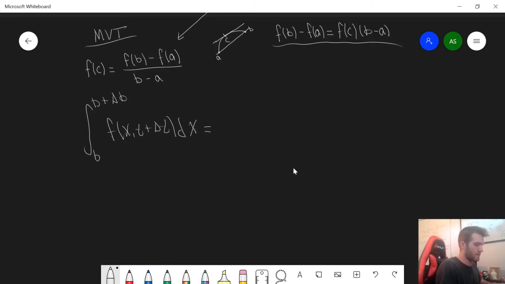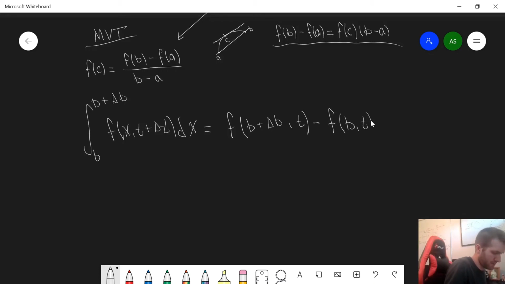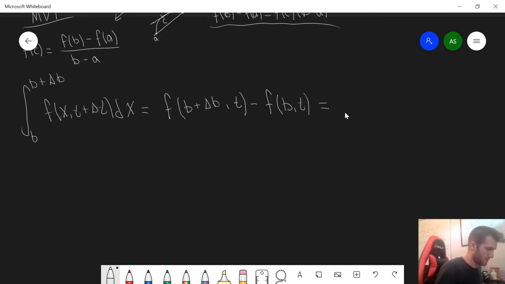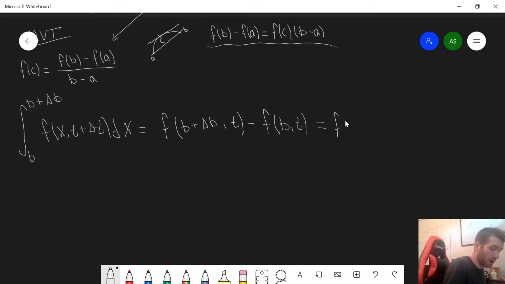We know that this has to follow the fundamental theorem of calculus. So therefore, we can set these two equal, where we have our function of b plus delta b, and then our time variable as well, and that is going to be subtracted from our initial boundary condition, which is going to be b and t. Now, we can generalize it using the proof we just showed. So we can set that equal to some function evaluated at a constant, right?